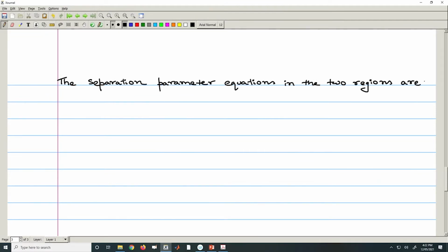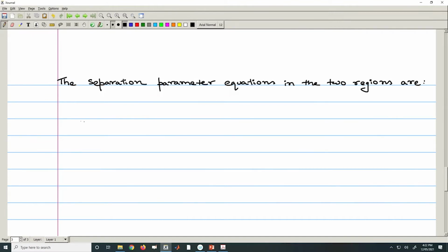Now, it has been anticipated that ky is equal to n pi by b and kz must be the same in each region for matching the tangential E and H at x equals d. So, the separation parameter equations in the two regions can be written down.